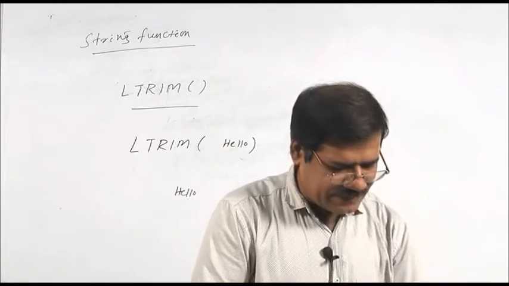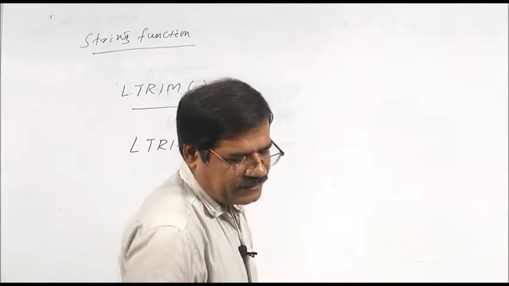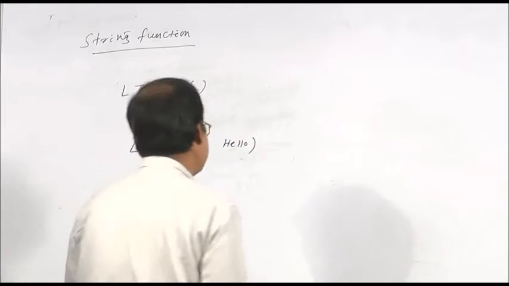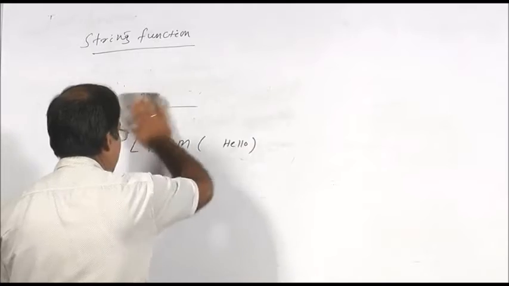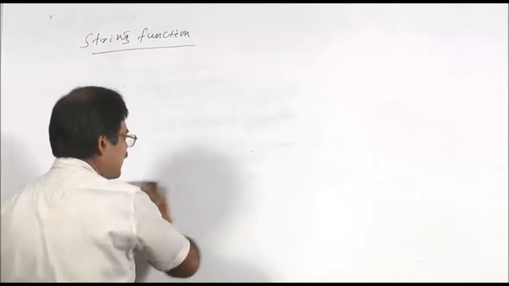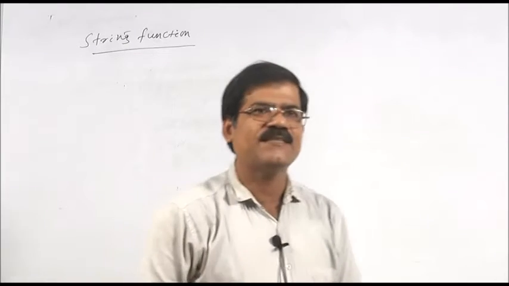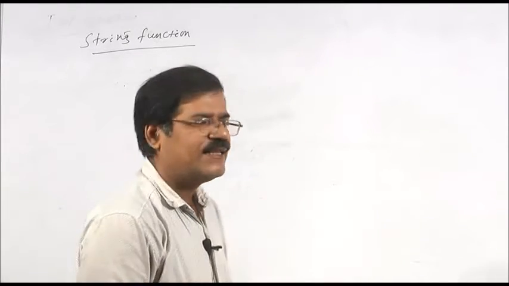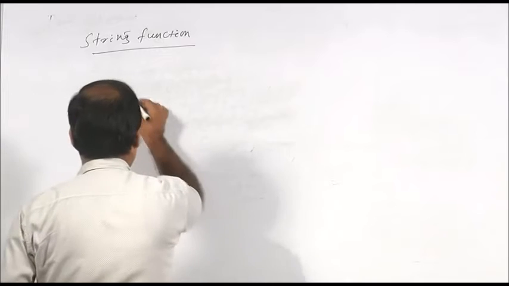Similarly, RTrim means removing the trailing space from the right side. If we write RTrim, right means the right side. If any space is present to the right of the string, that space will be removed.